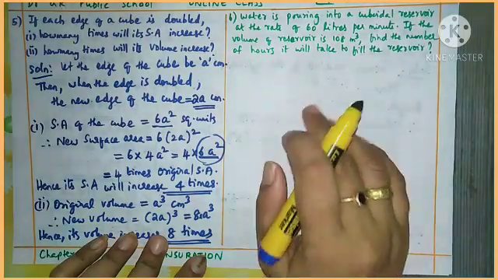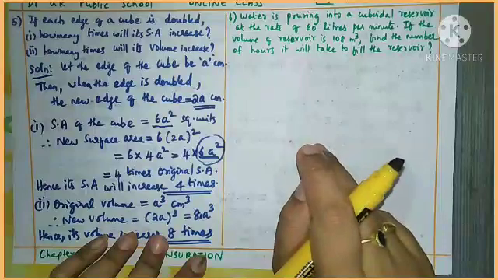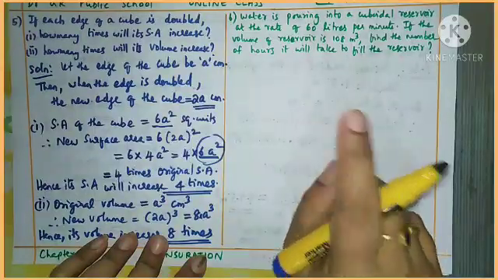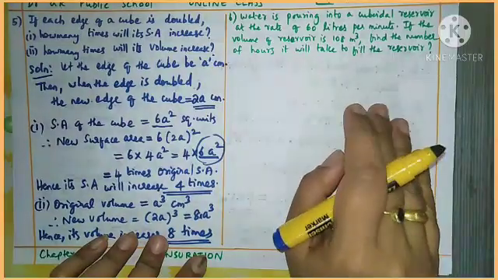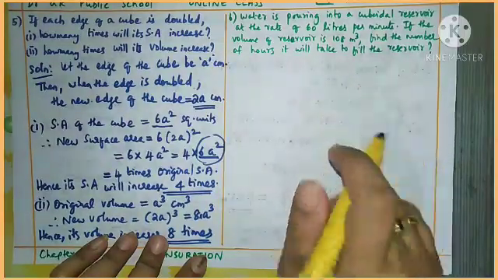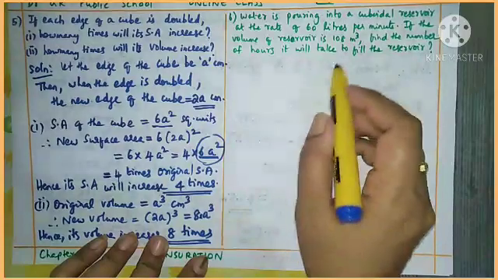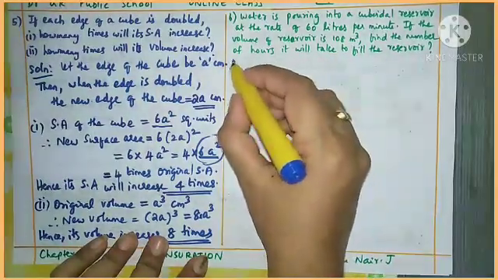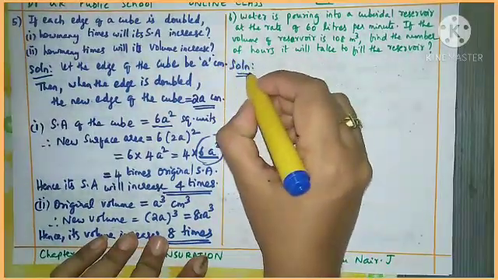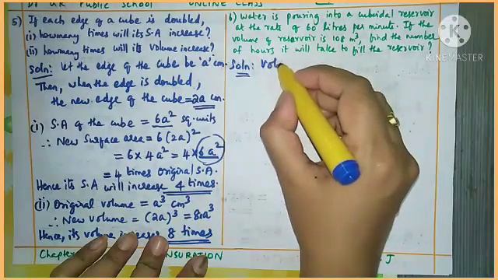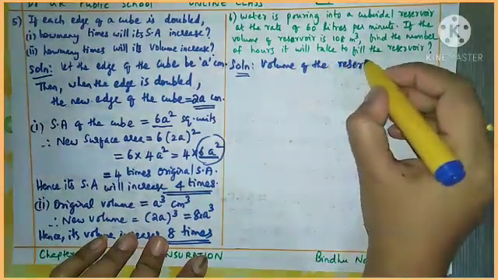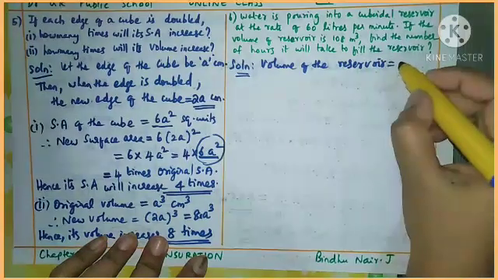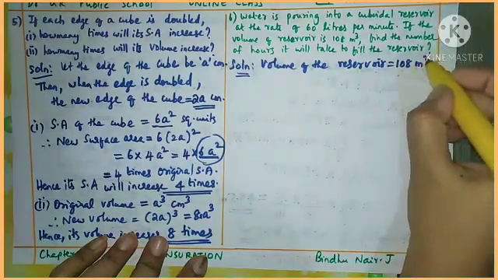Okay. So what are the two things given here? In 1 minute 60 liters of water is filled, and total capacity of the reservoir is 108 meter cube. So first we can write the given data. Solution. Volume of the reservoir is given. Volume of the reservoir equal to 108 meter cube.